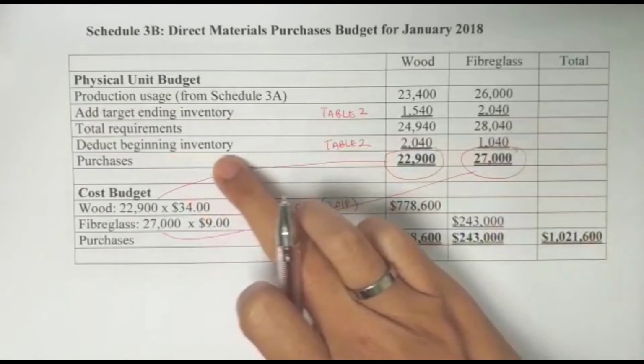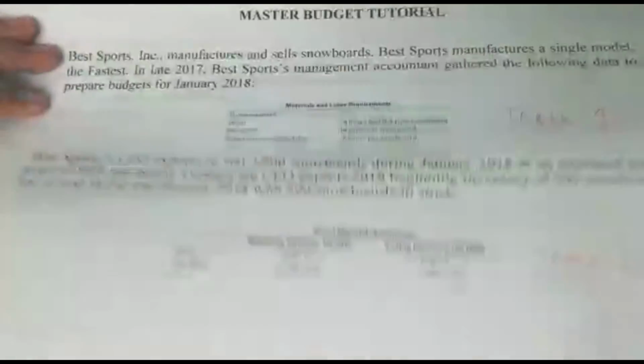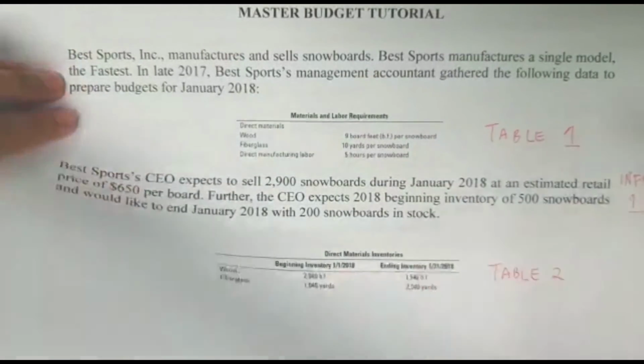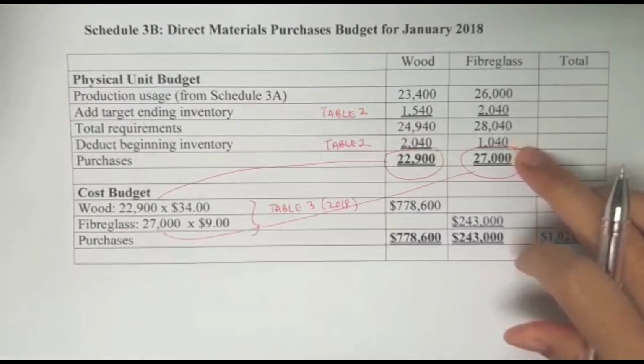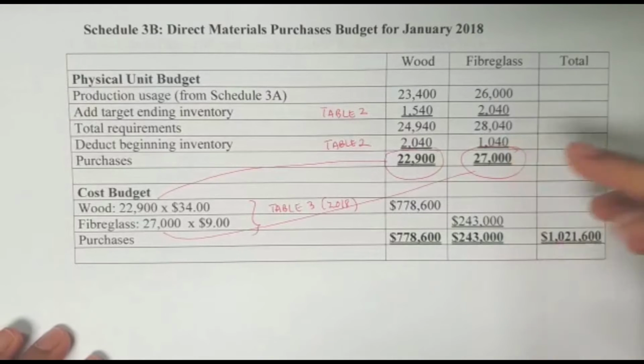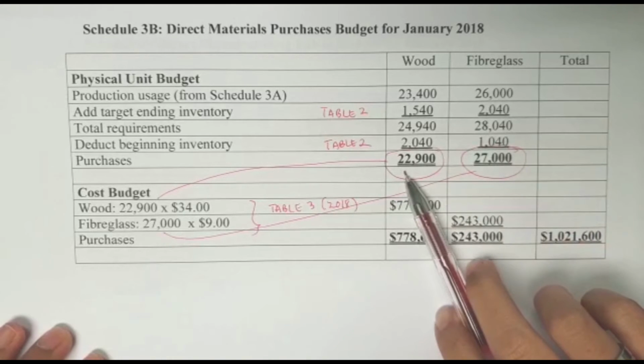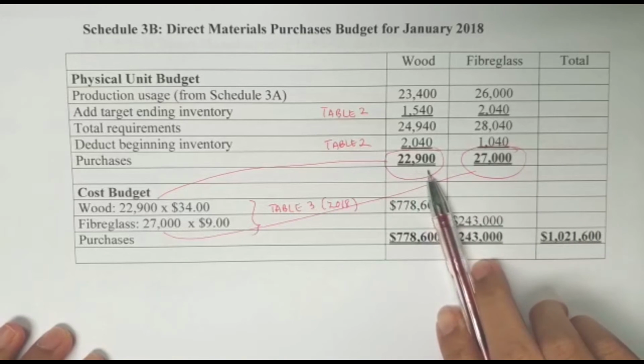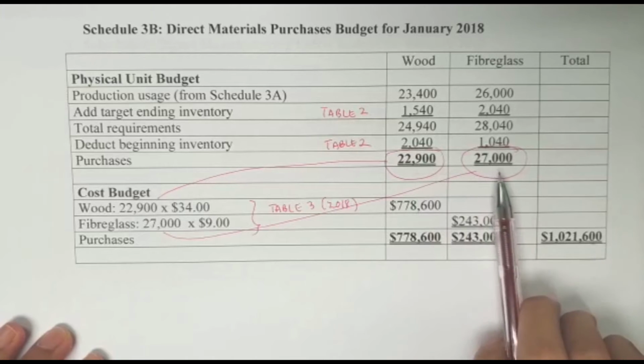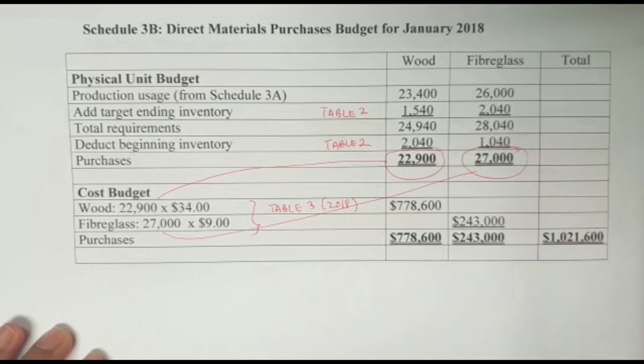And we deduct the beginning inventory here, 2040 and 1040. So in terms of purchases, the quantity that we need to purchase is 22,900 board feet of wood and 27,000 board feet of fiberglass.